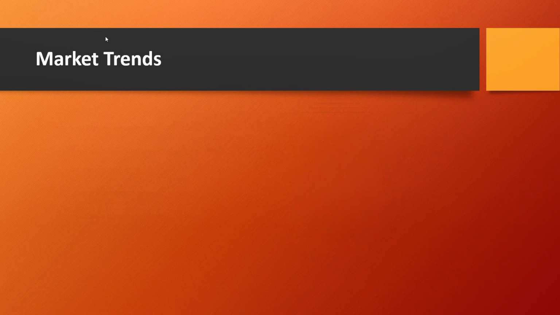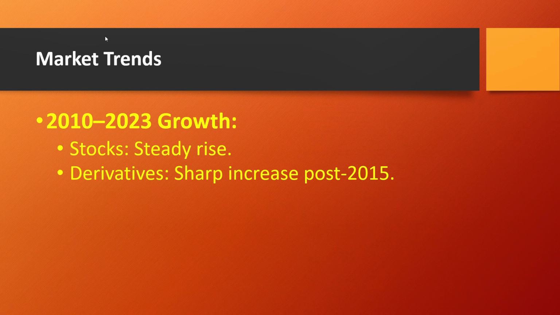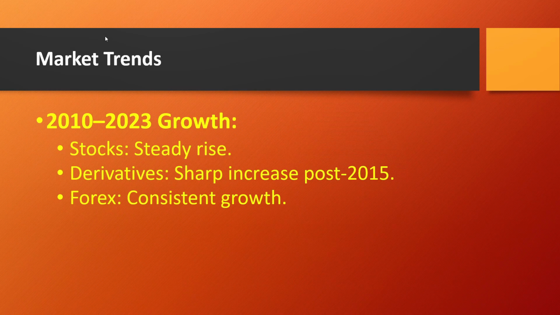Now, let's check out some market trends. From 2010 to 2023, we have seen steady growth in stock markets, a sharp rise in derivatives post 2015, and consistent growth in forex. These trends reflect the evolving nature of global finance.